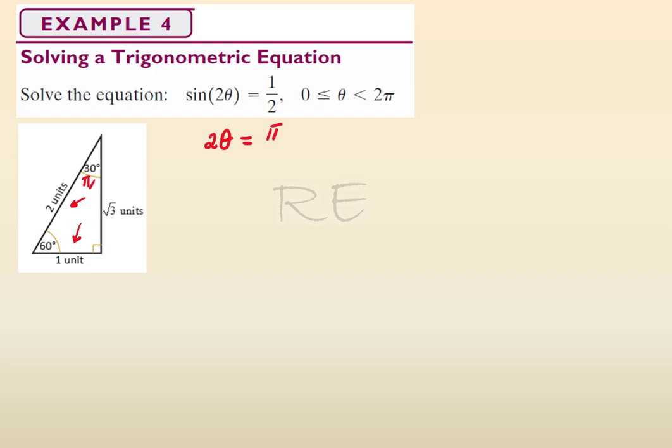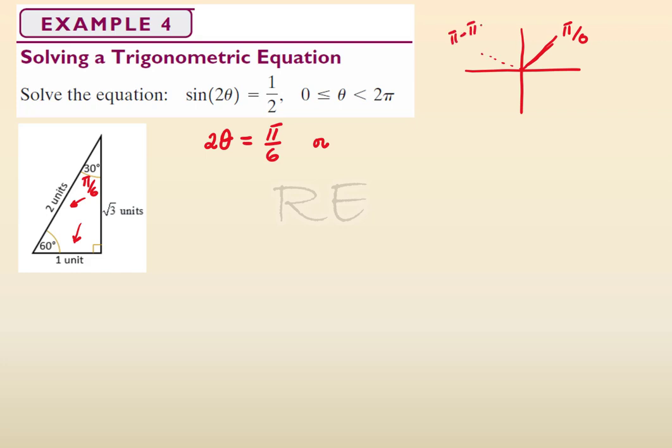So the arc whose sine is 1/2, according to the reference triangle, is pi over 6. So on one side, we're going to have 2 theta is equal to pi over 6.